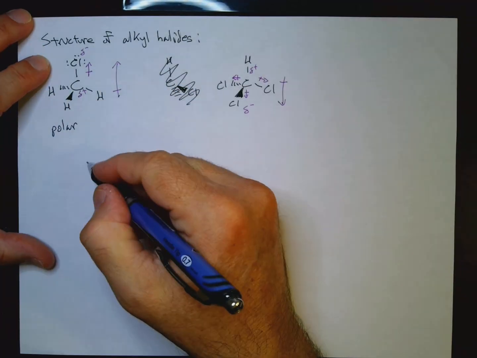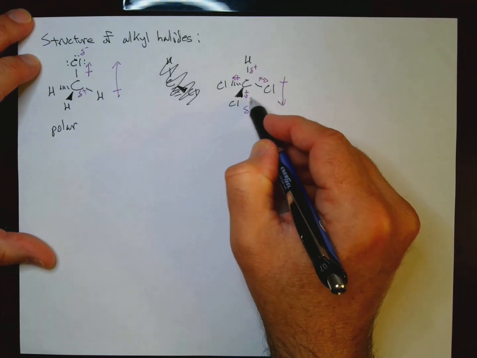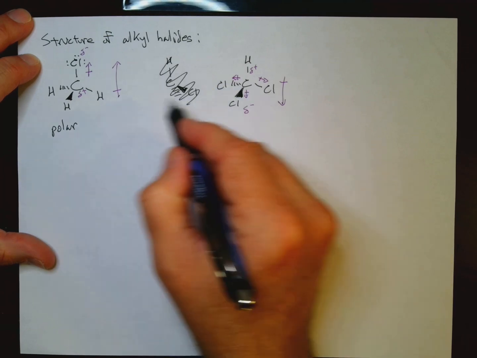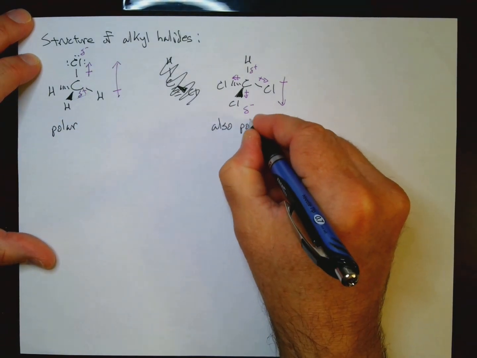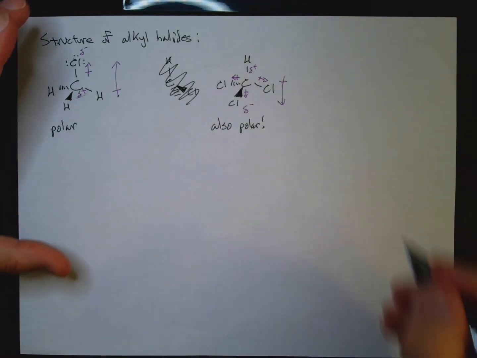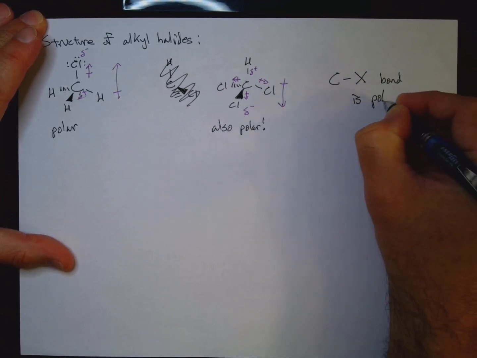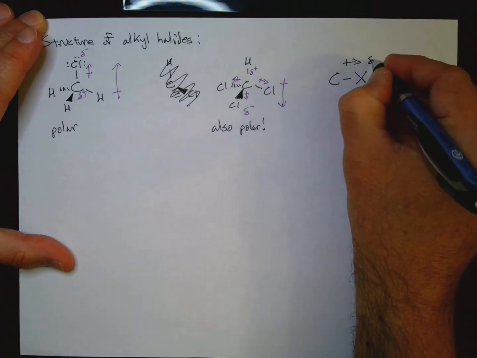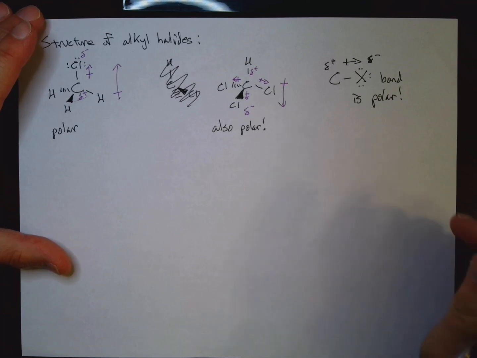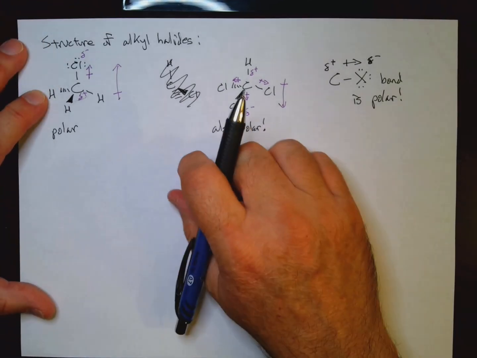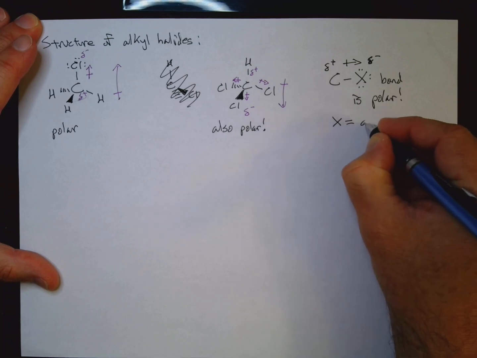And it actually ends up having about the same dipole moment as chloromethane, because although you've got 3 chlorines, which is a greater electron withdrawing effect, due to their geometry they each contribute only a third of what they would in chloromethane. So that's something important to remember, that the C-X bond is polar. And of course, X is often what we use as an abbreviation for any halogen. Okay, so X equals a halogen.